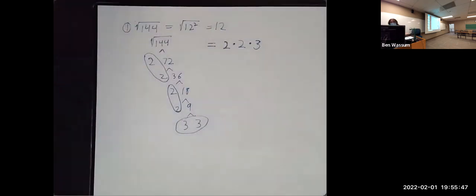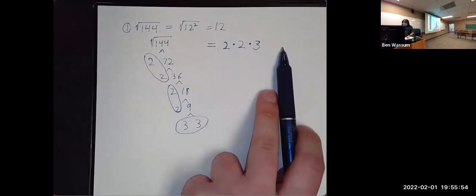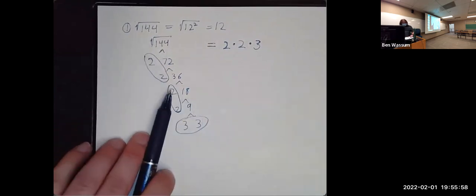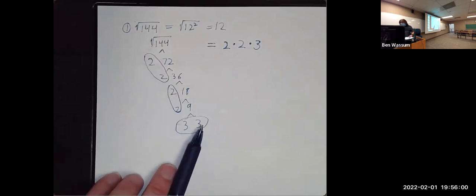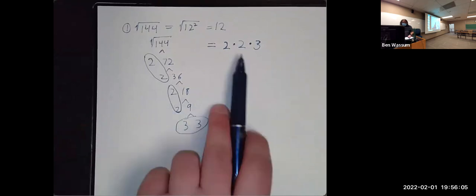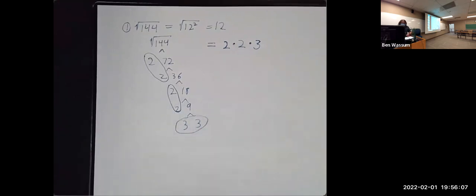I always get asked this every semester, everybody I've tutored, everybody's a little confused. Why do these all multiply together? Because this is 2 times 2 times 2 times 2 times 3 times 3. So if I'm square rooting them, it's still multiplication. You just have less of it.